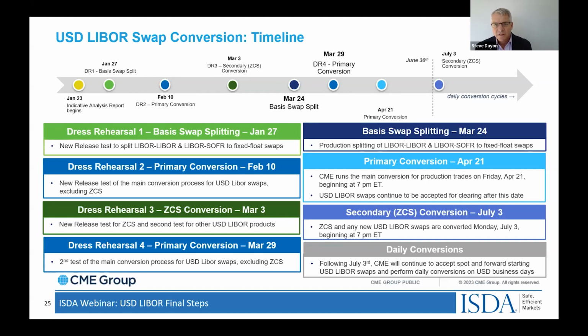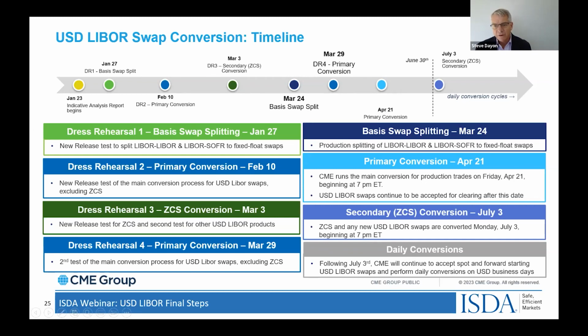And we did this testing our internal systems, market search synchronization, our clearing members, and the dealer community. In the 4th dress rehearsal, we invited a large subset of our clients to participate. So we feel like this has really been tested, and we are ready for a primary conversion on April 21st.